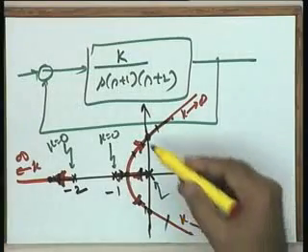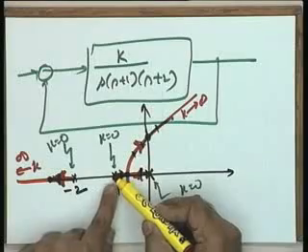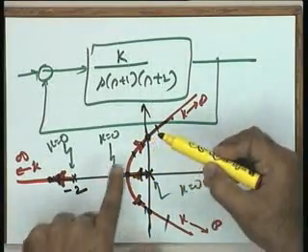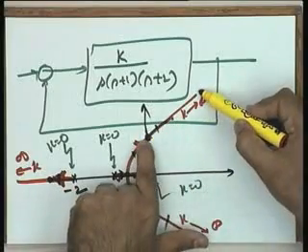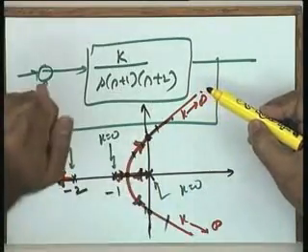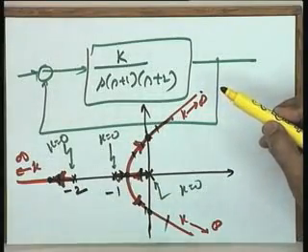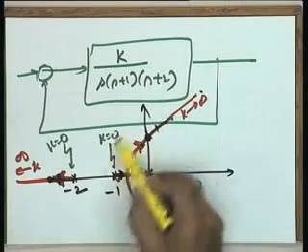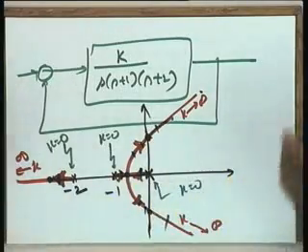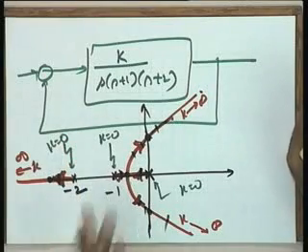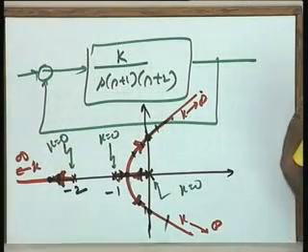You see that from k equal to 0 to k equal to this point, the system is stable, and from k equal to this point to k equal to infinity, the system is unstable. This information is available to you from Routh stability criterion as well. But it really does not give you the system poles in that particular region, while the root locus plot gives you the system poles in that particular region. That is important.